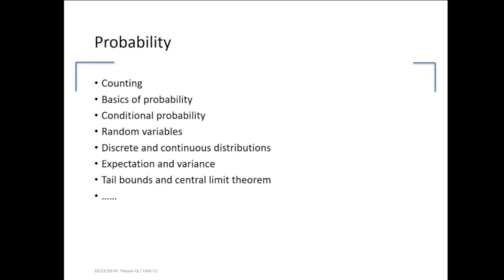And for probability, I'm going to skip all those. You should read by yourself, and these are the important concepts that you should know about probability: counting basics, discrete versus continuous, tail bounds, and the central limit theorem. Maybe this is a little too much, but some of you probably already learned this in your probability course.